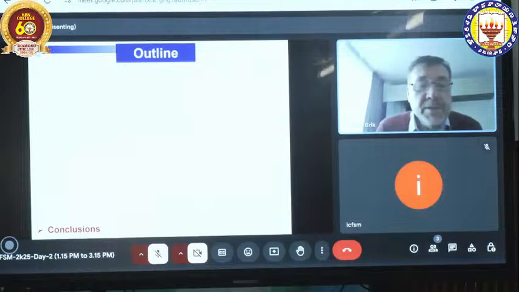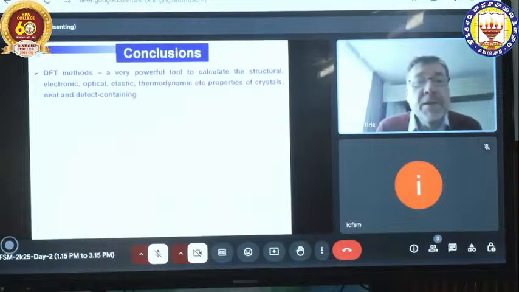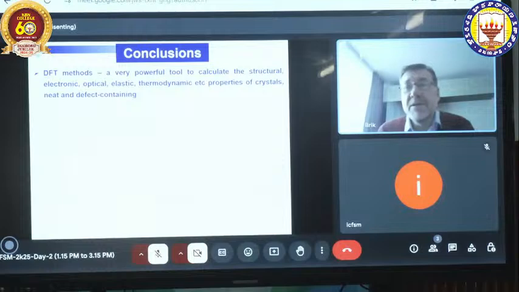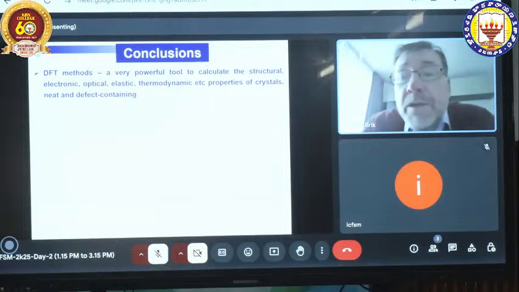Okay, now maybe I try to make some conclusions. DFT methods, which I just touched very briefly, of course, appear to be extremely powerful tools to calculate various properties of crystals such as structural, optical, electronic, and so on.